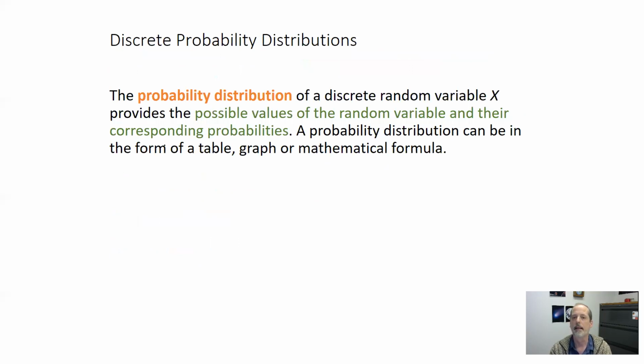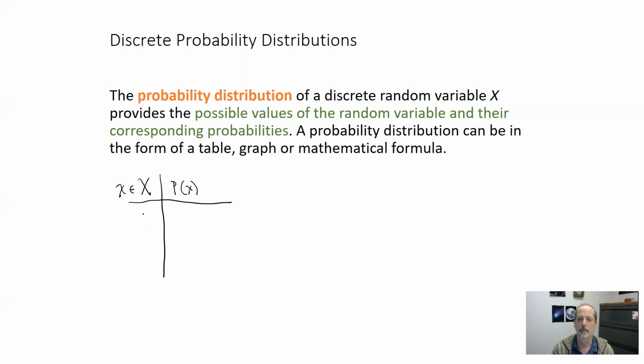Okay. If we establish a probability distribution, then we've got all the possible values of a random variable and their corresponding probabilities. Usually we put the possible values, little x, which is one of the possible outcomes of X, and then the probability of that little x goes over here.